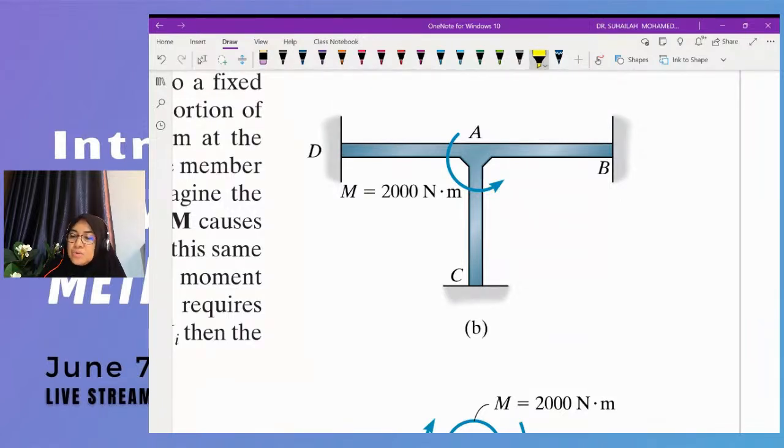Next, there is an applied moment subjected at joint A. So this 2,000 is a joint moment, which is subjected at A, acting counterclockwise.